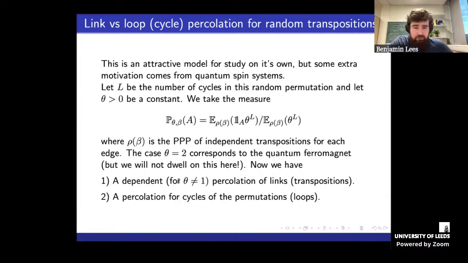And note that, well, for theta equals 1, the edges carrying at least one link is just a Bernoulli percolation, and its parameter is 1 minus e to the minus beta. So in that case, the link percolation is fairly simple to analyze, but the loop percolation is highly dependent on it. And it's a very difficult question. And for theta not equal to 1, it becomes extremely difficult. And we really struggle to say much at all.